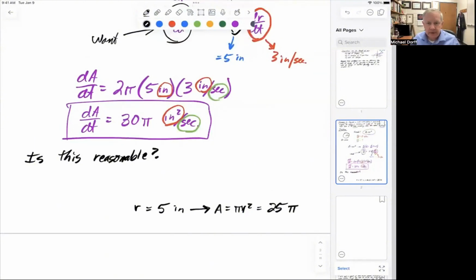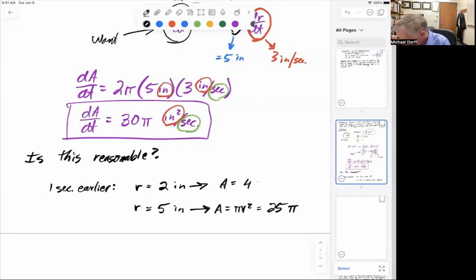The rate of change is 3 inches per second, so 1 second before, I'm going to have 3 inches less. So r is going to equal 2 inches, 1 second earlier. And then the area is pi r squared, which would be 4 pi.